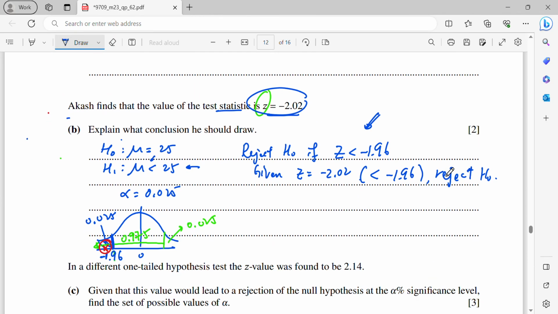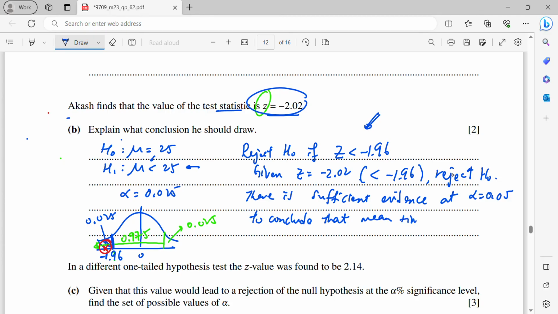So there is sufficient evidence at alpha equals to 0.05 to conclude that the mean time taken by this year's students was less than 25 minutes.